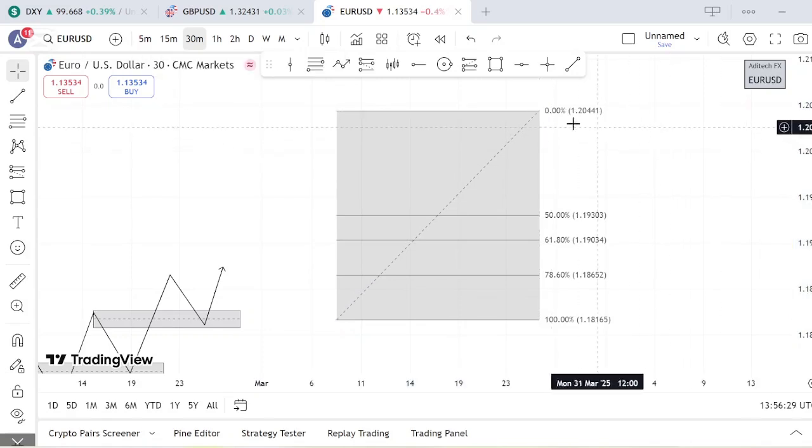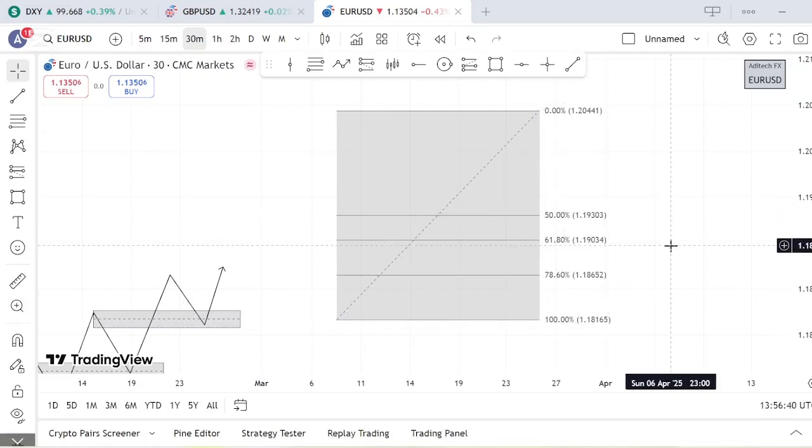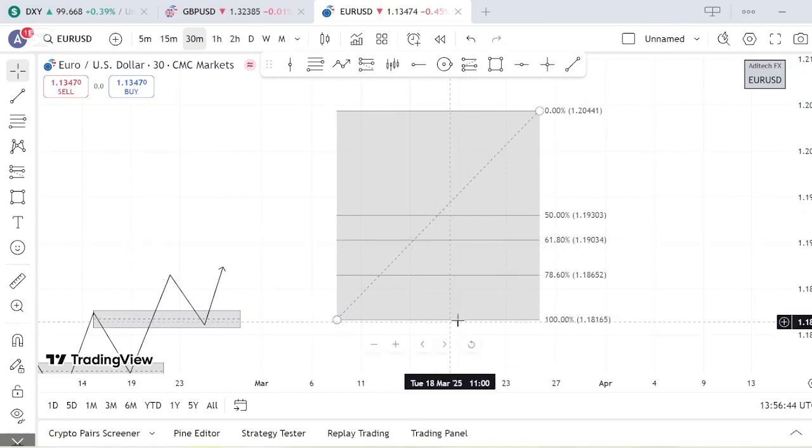If you notice, we have 0, 50%, and 100%. Just ignore these two numbers for now. We have 0, 50%, and 100%. Now the zone below this 50% is called discount, right?